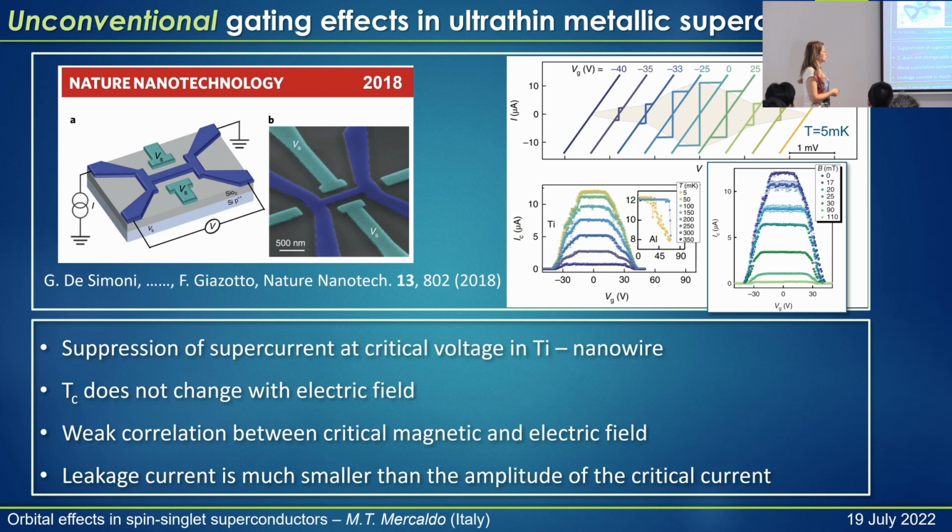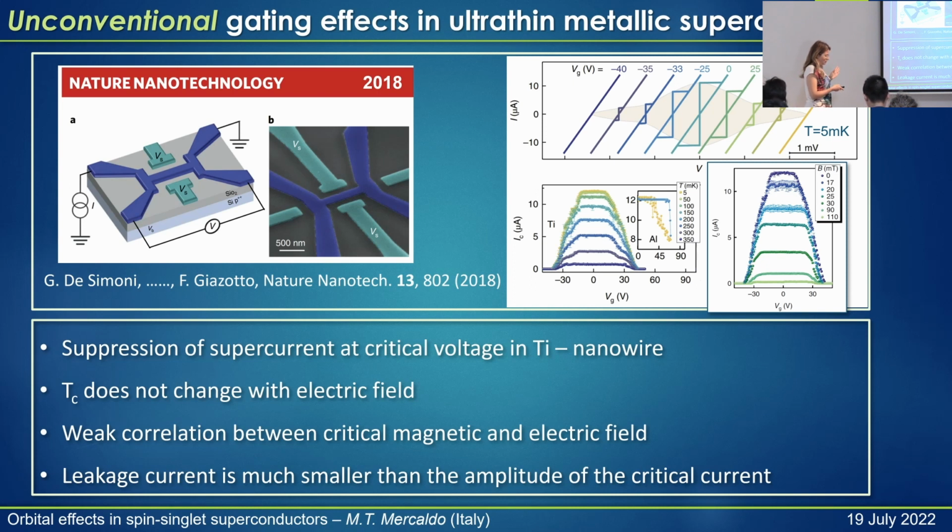What happens is that you have a suppression of the supercurrent. This is how I started to study the orbital Edelstein effect in superconductors, because I wanted to see how this kind of model could explain such experiments.